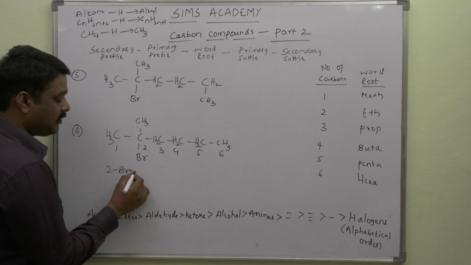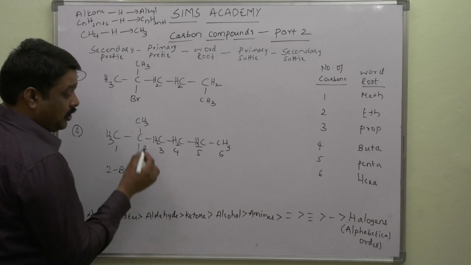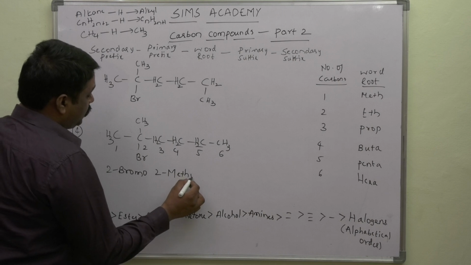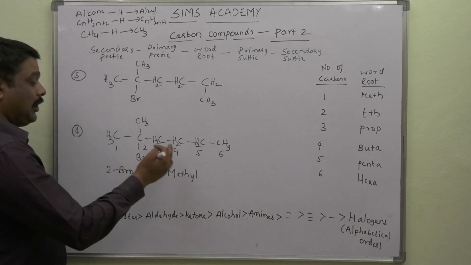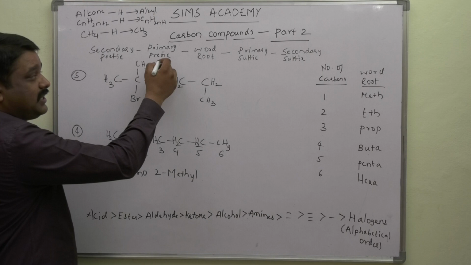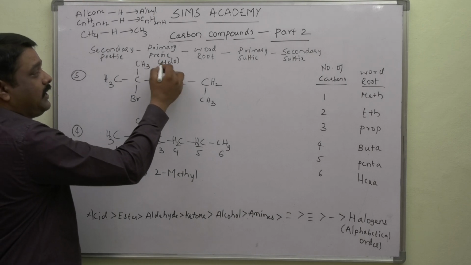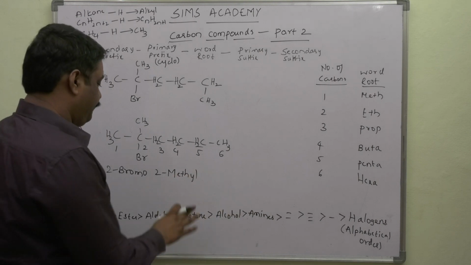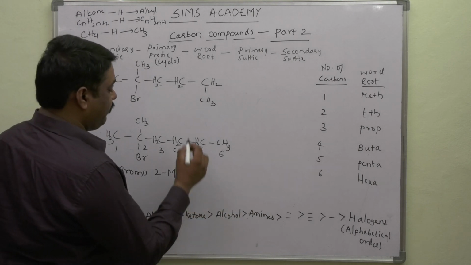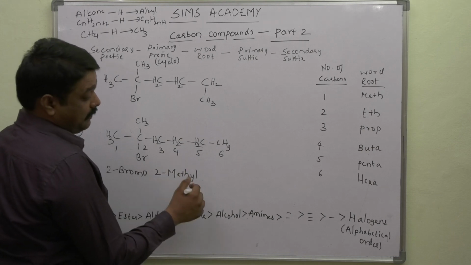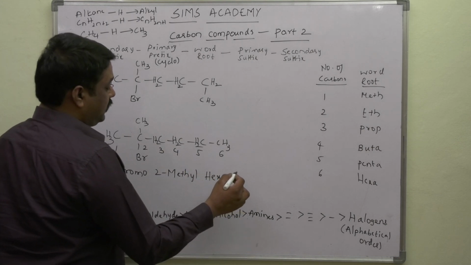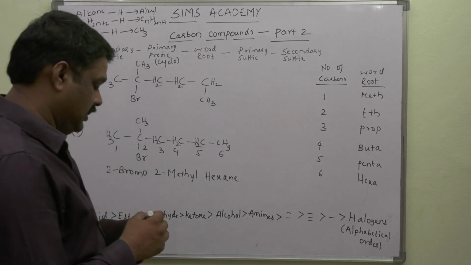At second place we have bromine, 2 bromo. At second place only we have methyl group, 2 methyl. How many carbon atoms? Primary prefix. It is meant only for cyclic compounds. It is not a cyclic compound, no cyclo. 2 methyl. Word root, it is 6 carbon atoms. Now here, hexane.